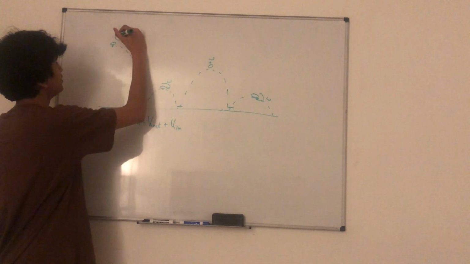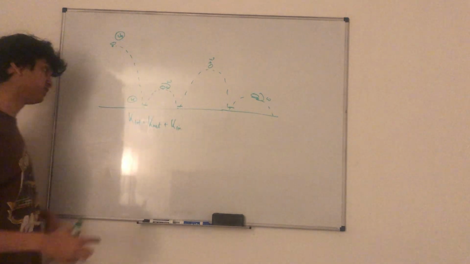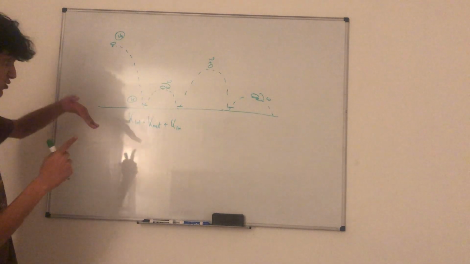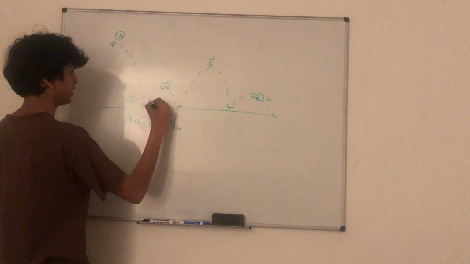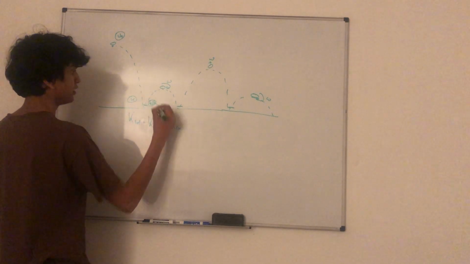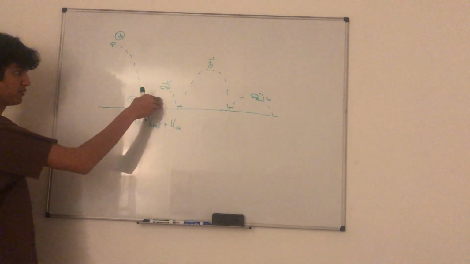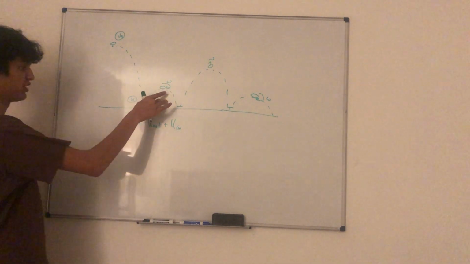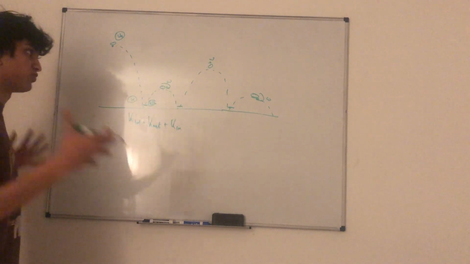If it's all UG right here, and right before the bounce it's all K, afterwards the ground creates a torque on the Tic Tac, and that gives it some K rotational. And then that K rotational is constant. So right now, maybe 3/4 of the total energy is K rotational, and for the entirety of the flight it's going to be 3/4 K rotational.